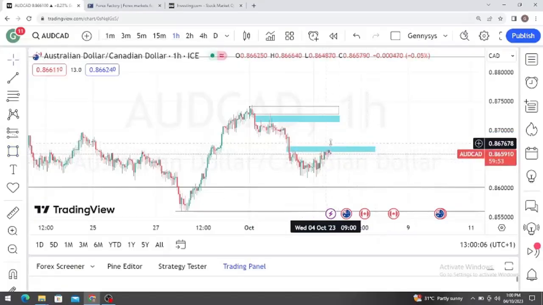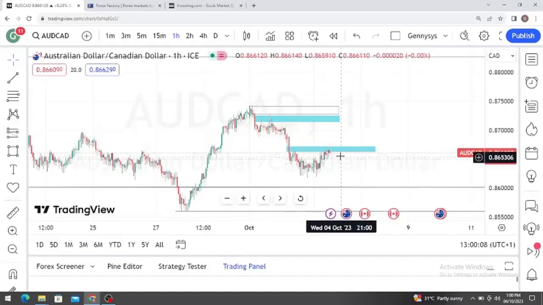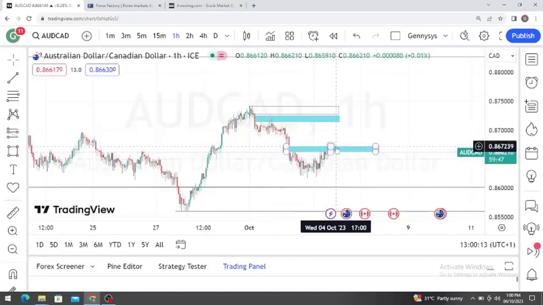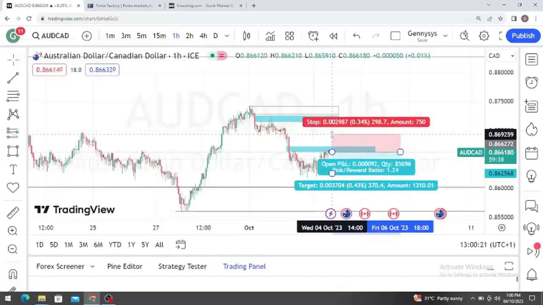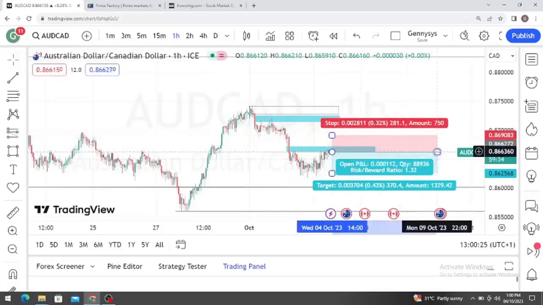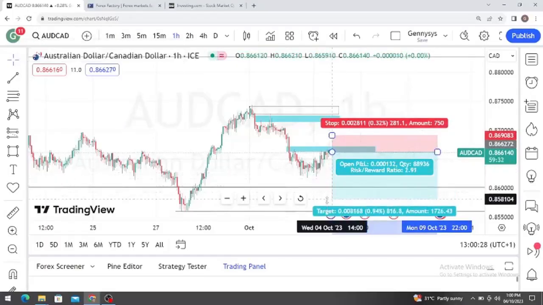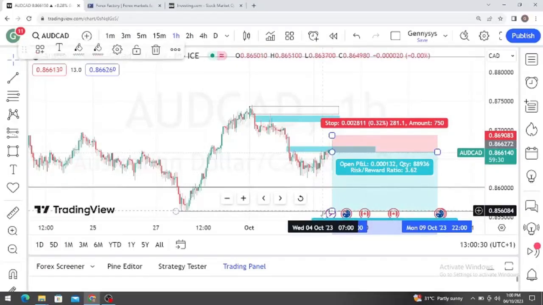See, price already came into it, right? And since price already came into it, now is not a bad time to sell. We are selling here, and where price is now, the stop loss will be above the wick of the candle that has the imbalance. Then take profit to be at least at the previous low.